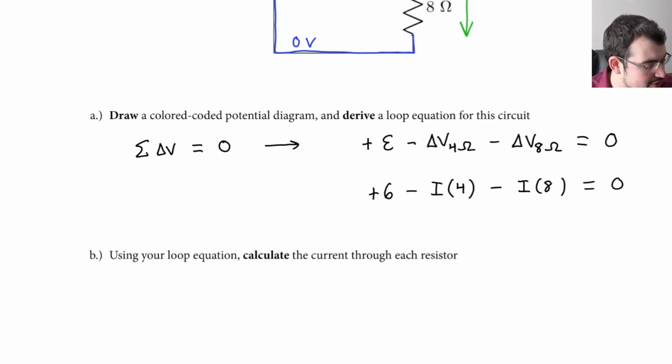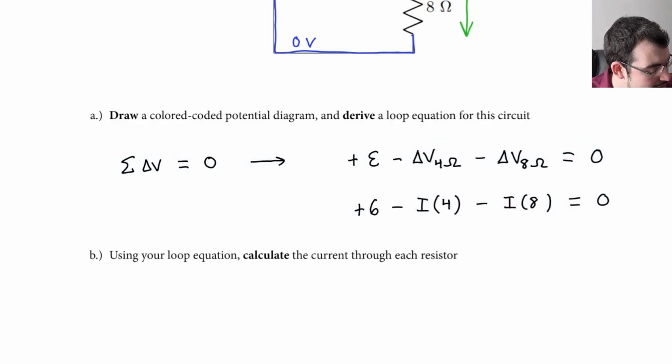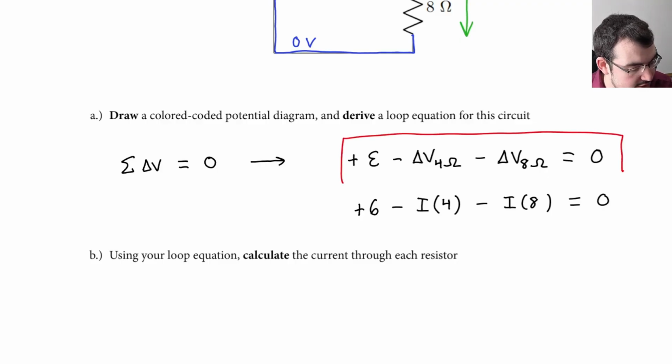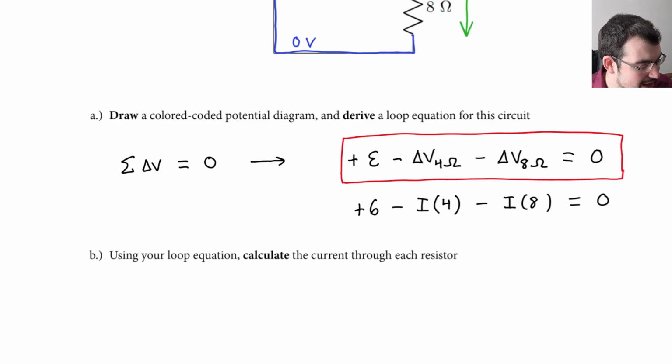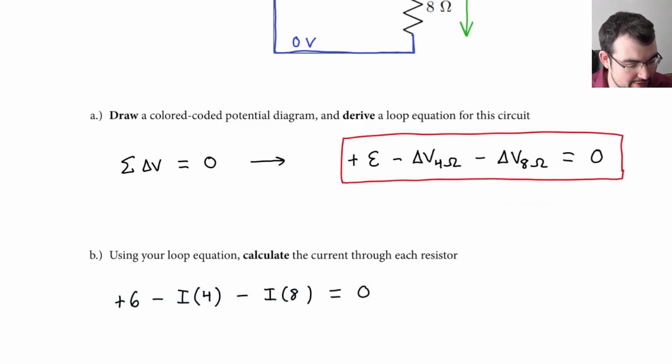If we're just looking at writing a loop equation, maybe we'll box this one because we haven't substituted anything in. We'll box this as the loop equation, and to actually solve it, we'll start substituting.